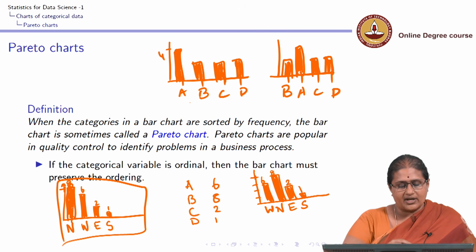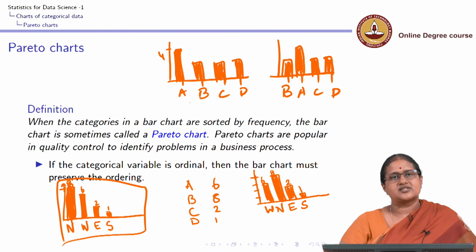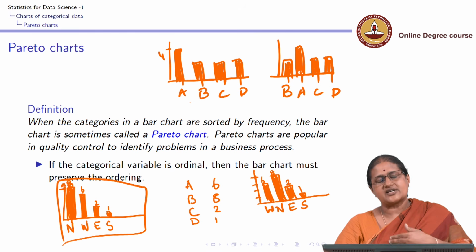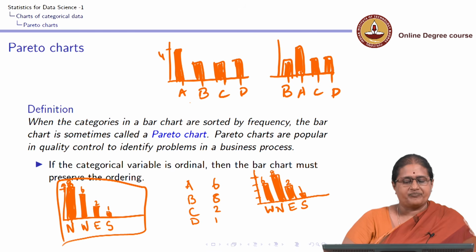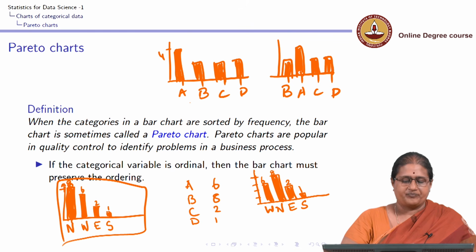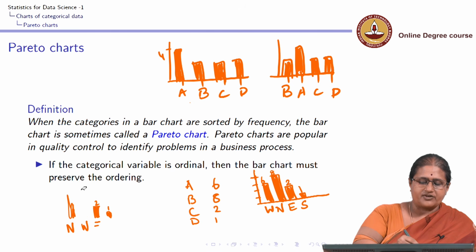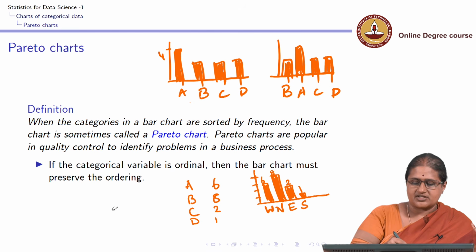I can know that the northern region has the highest number of people, followed by the western, then the eastern and the southern. So, you can see that the bars are in descending order. I can also have the bars in ascending order. Again, it depends on what message you want to convey. Hence, these types of charts are referred to as Pareto charts.